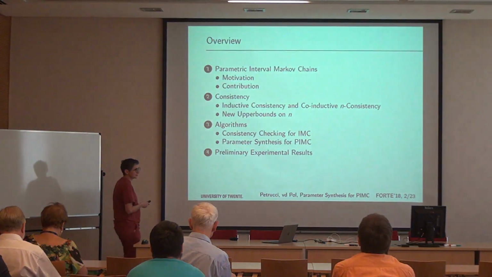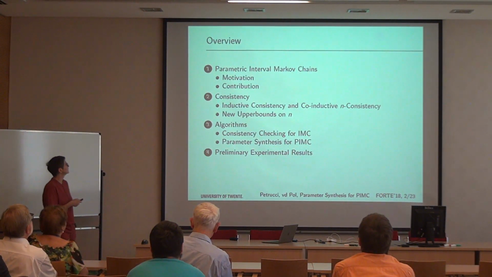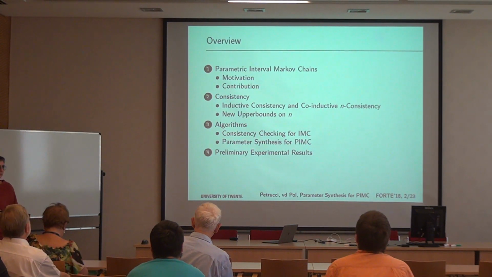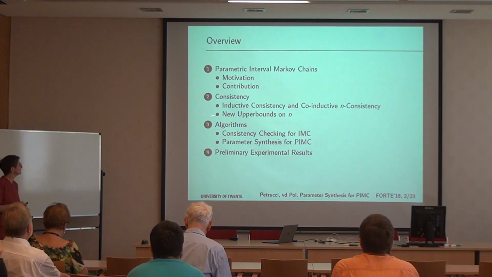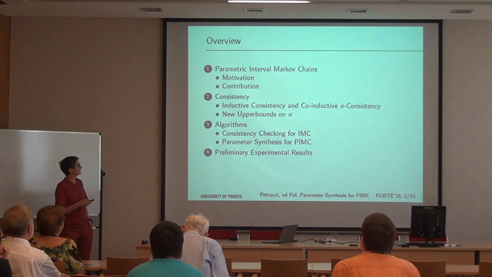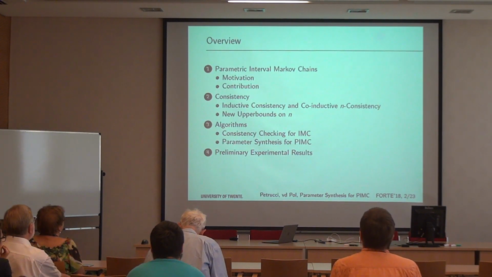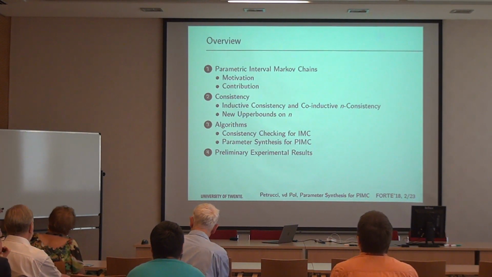I will start by talking a bit about the model, parametric interval Markov chains, giving some motivation and showing what the contributions of this work are before getting into details. The main property that we are interested in is consistency for parametric interval Markov chains, and I will define inductive consistency and co-inductive consistency for these models, and give new upper bounds on n for n-consistency.